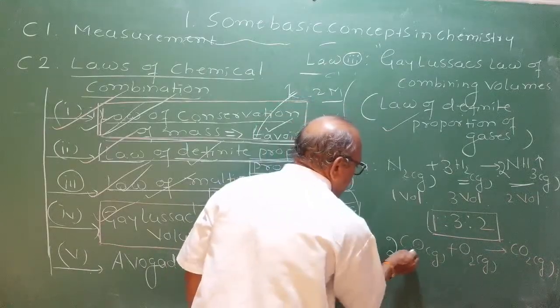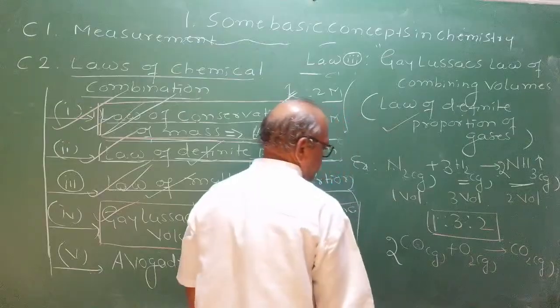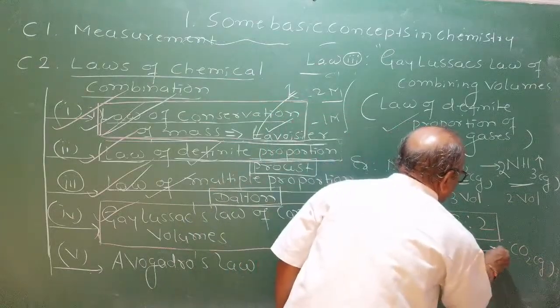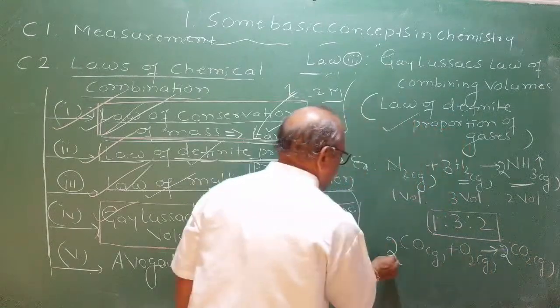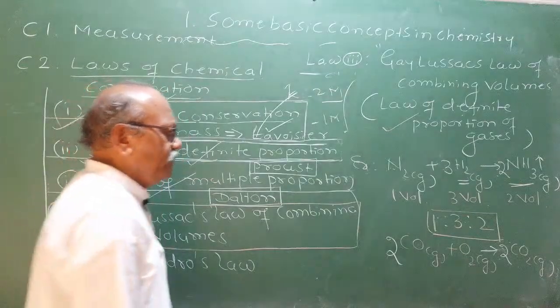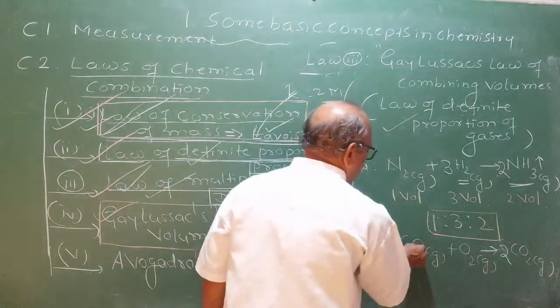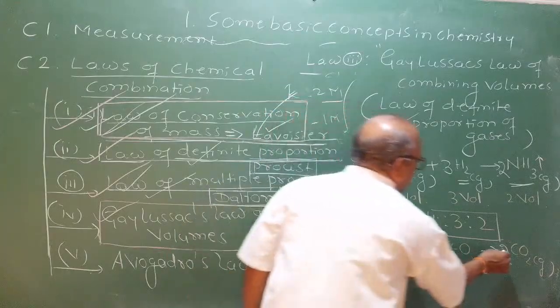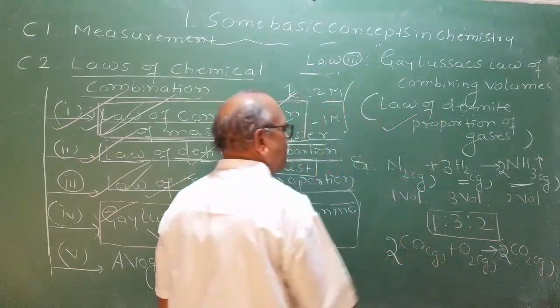Now observe. 2 oxygen, 2 oxygen. Now carbon atoms are 2. Therefore, I must take the product as 2 carbon dioxide. Carbon atoms are balanced, means neither created nor destroyed. What happened to the oxygen atoms? 2 oxygen atoms in the carbon monoxide, 2 in oxygen. 2 plus 2 is 4. 2 twos are 4. Means it is balanced.